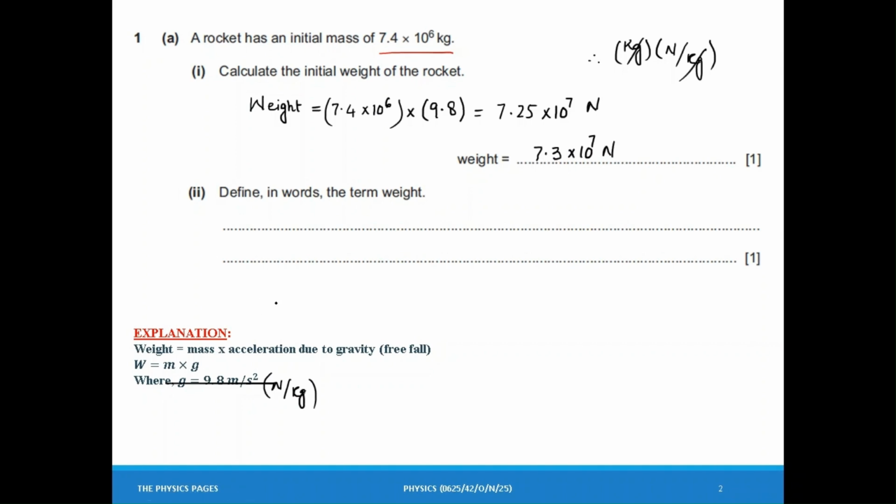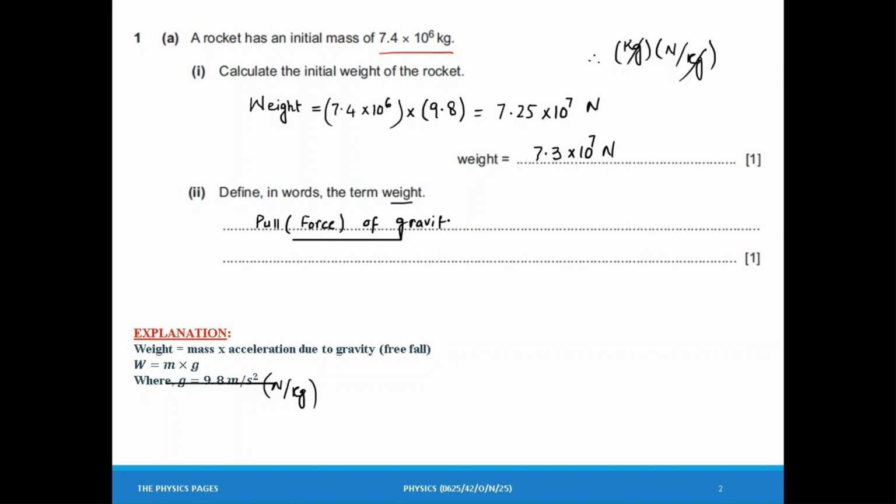On the other hand, part 2 says define in words the term weight. First of all, weight is a pull, we can also say the force of gravity.